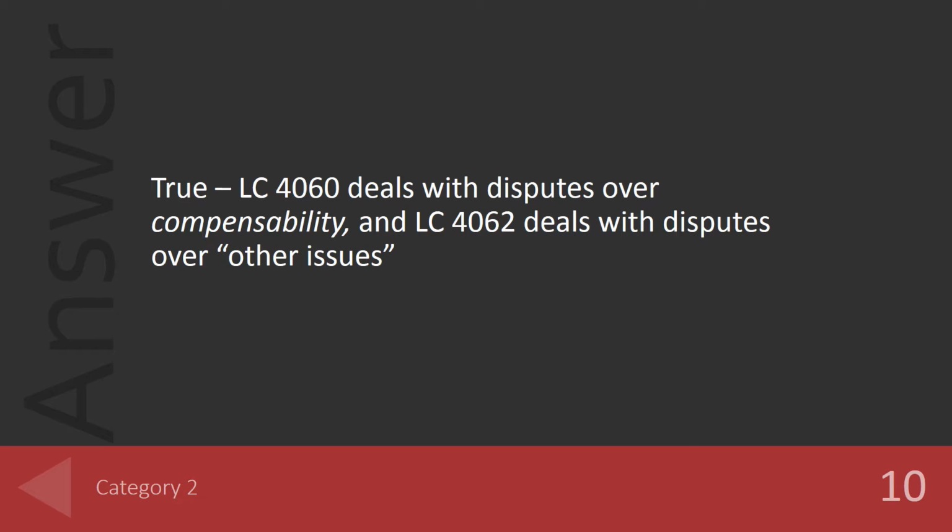So 4061 is involved with disputes over permanent impairment, and that includes whether there indeed exists permanent impairment, and if it exists, what is the extent of that permanent impairment, and also disputes over the need for future medical care.